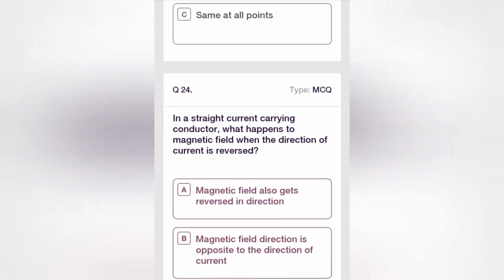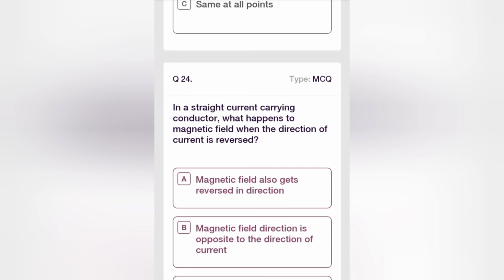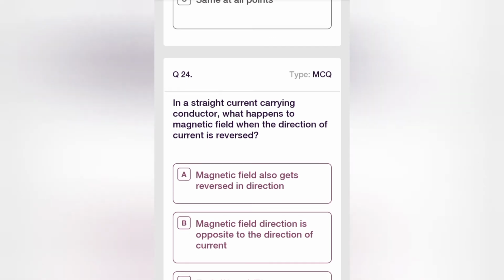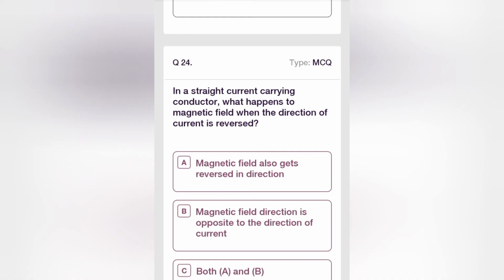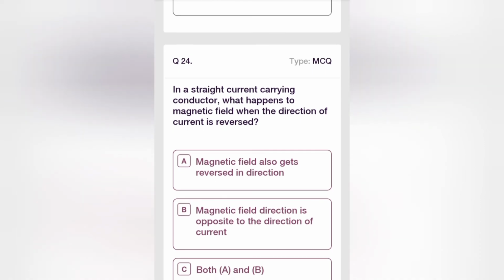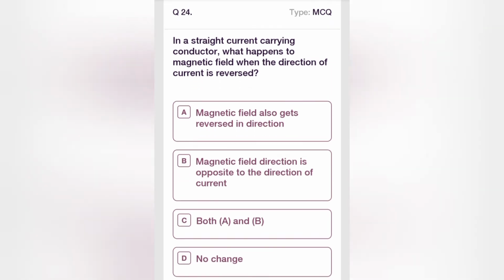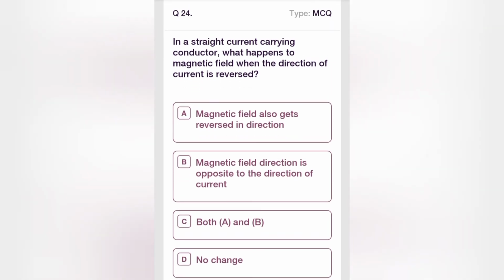In a straight current carrying conductor, what happens to the magnetic field when the direction of the current is reversed? When we reverse the direction of the current, the magnetic field also gets reversed in direction. Suppose we connect like this, so this is the current carrying conductor.